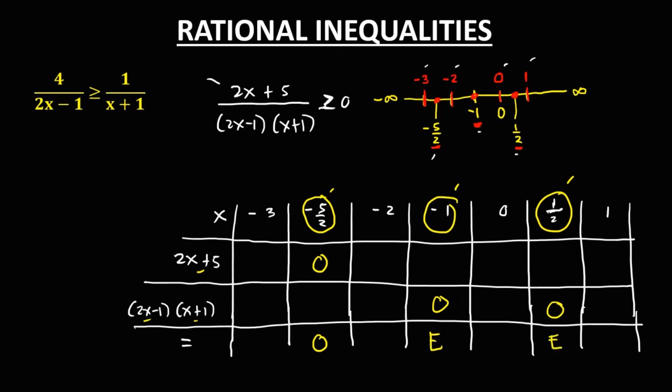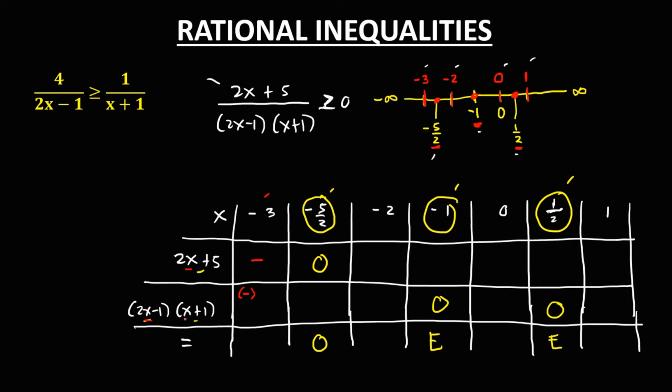Then from the test of numbers, if x equals -3, then 2 times -3, that's -6. And -6 plus 5, that's -1. So therefore, this one is negative. Then for this equation, if x is -3, 2 times -3, that's -6. And -6 minus 1, that's -7. So this one is negative.